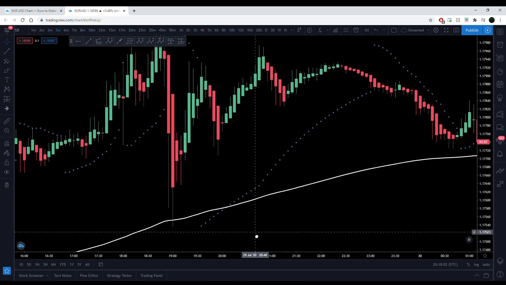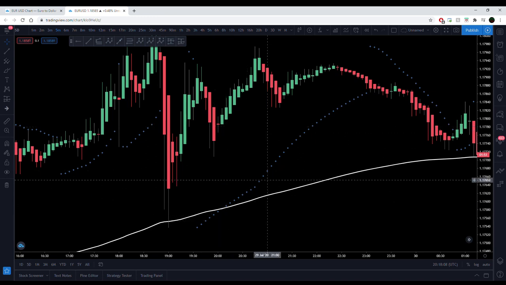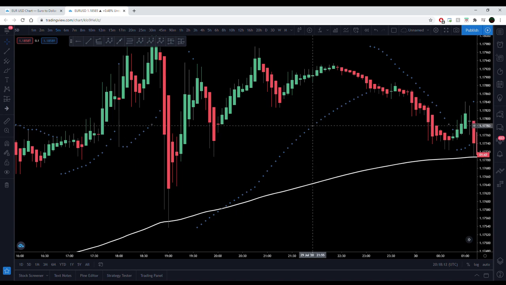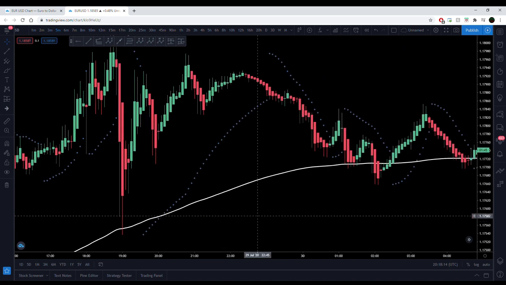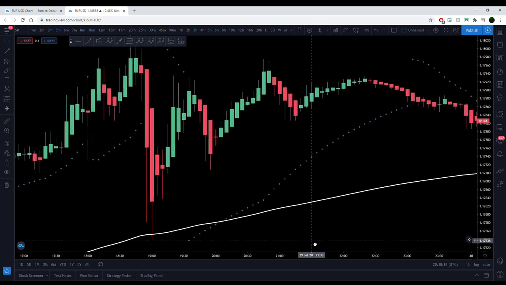So don't take entry signals that are way over here on the parabolic SAR once it has been on this uptrend for a long period of time because you'll likely be buying the top before a swift drop off.